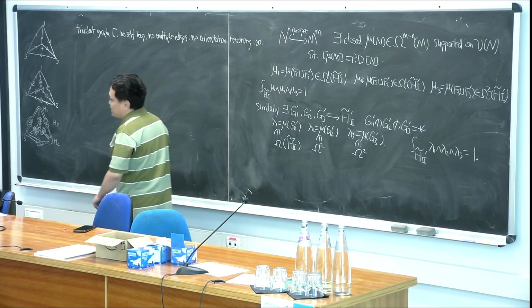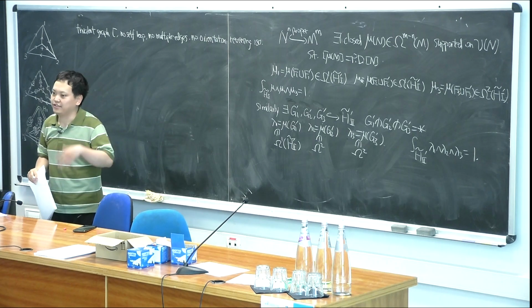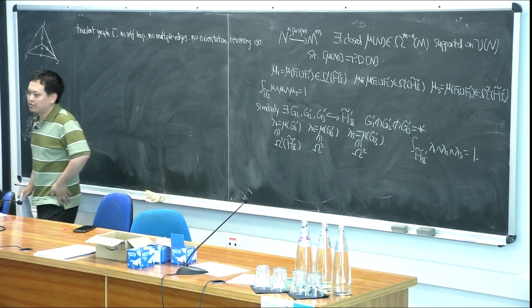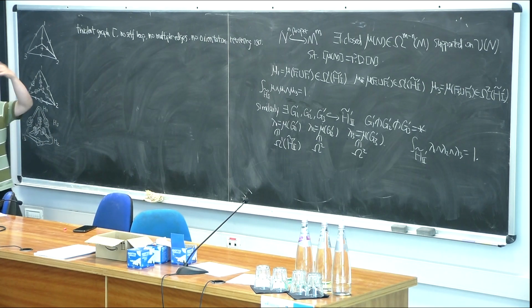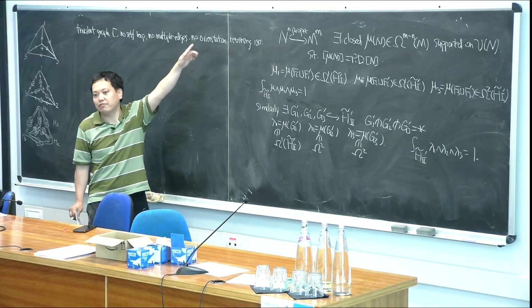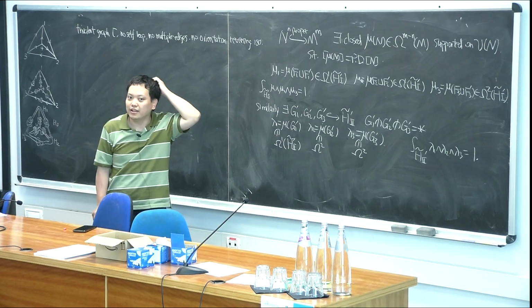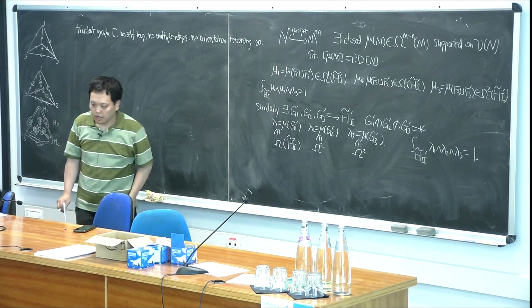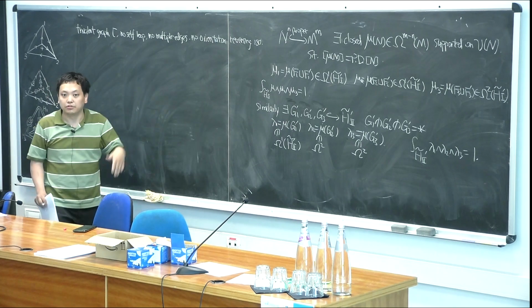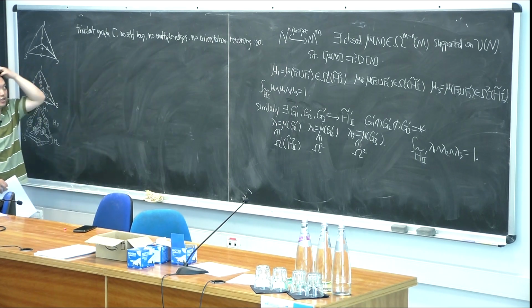Orientation reversing means that it acts on the set of edges by an odd permutation. It's not hard to prove that once your graph has an orientation reversing isomorphism, the corresponding integral will just be 0. So let's just consider this.